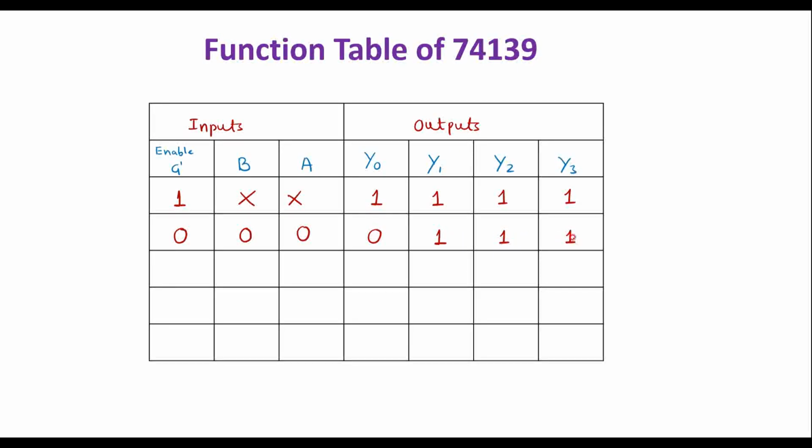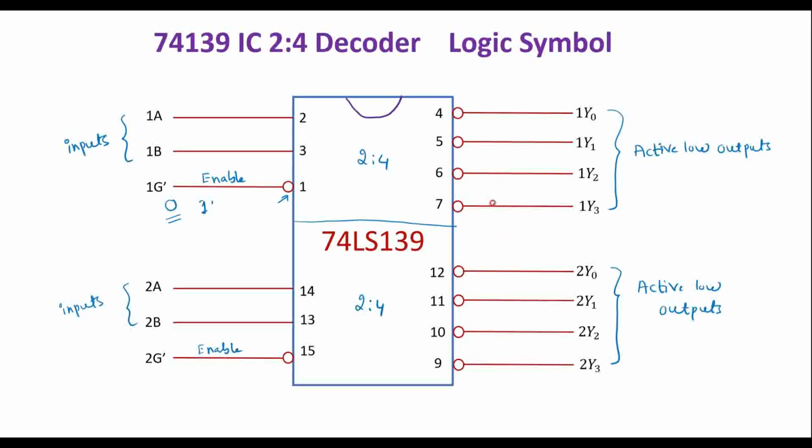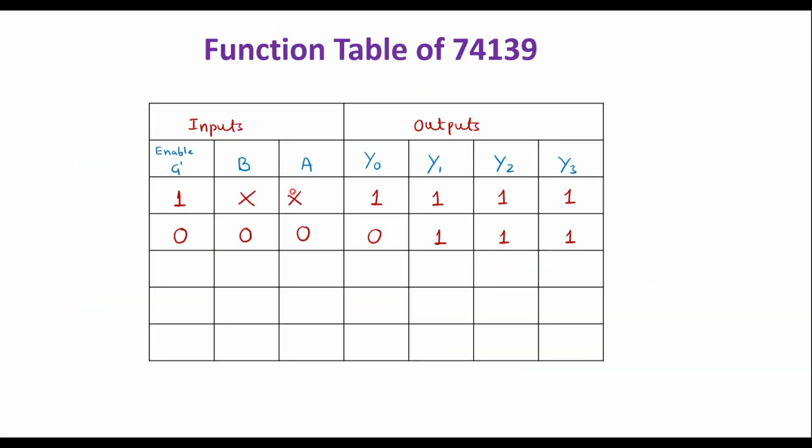As I said, in a 2-to-4 decoder with active low outputs, at any time any one of the lines is 0, rest all are 1. Similarly, here we have B 0, A 1. In that case, Y1 line is 0, rest all are 1.